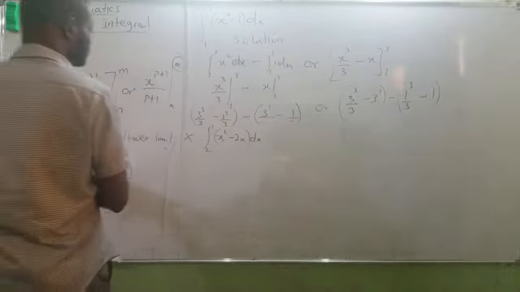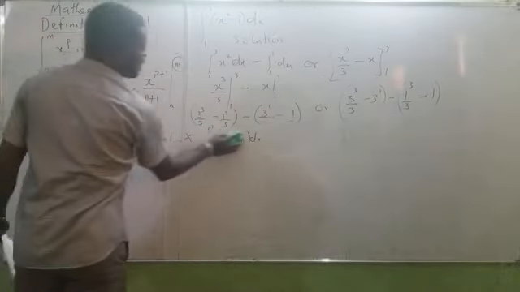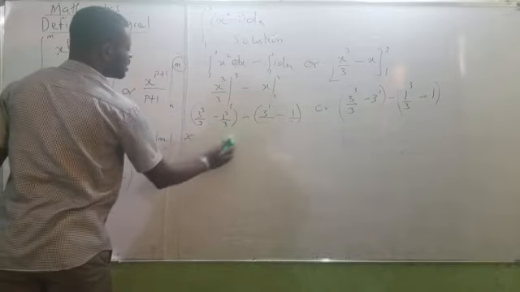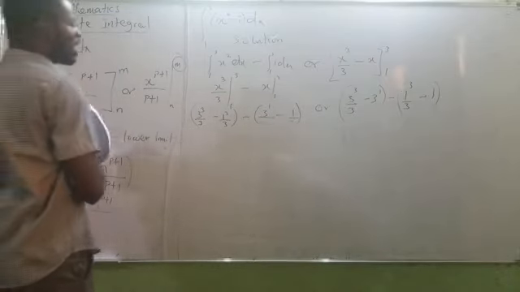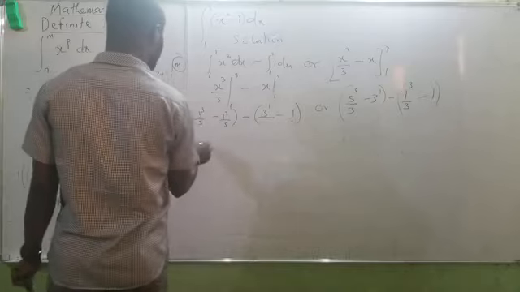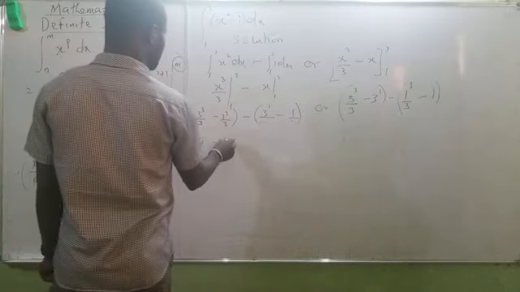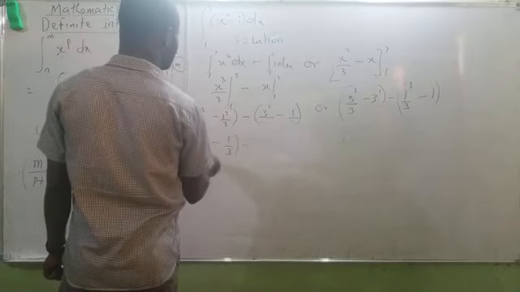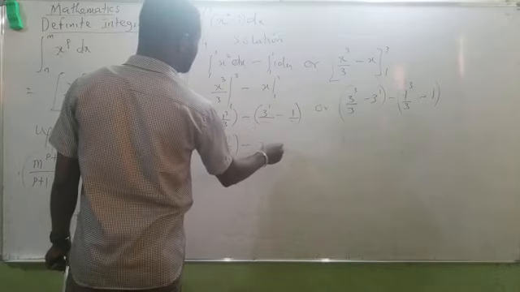Permit me to rub this thing because I need to move it further for better understanding. Now, this will give us 27 over 3, which will be 9, minus 1 over 3, minus this will give us 3 minus 1.